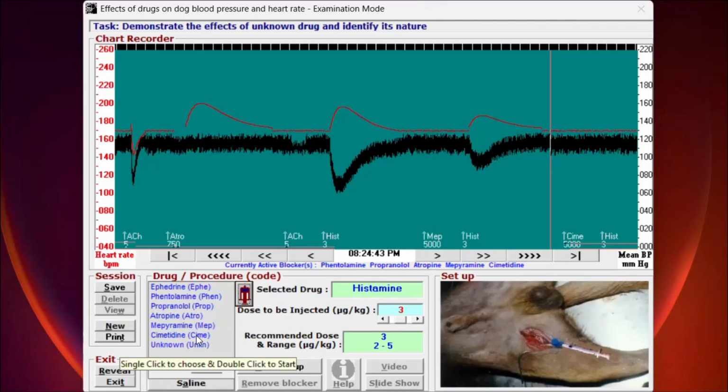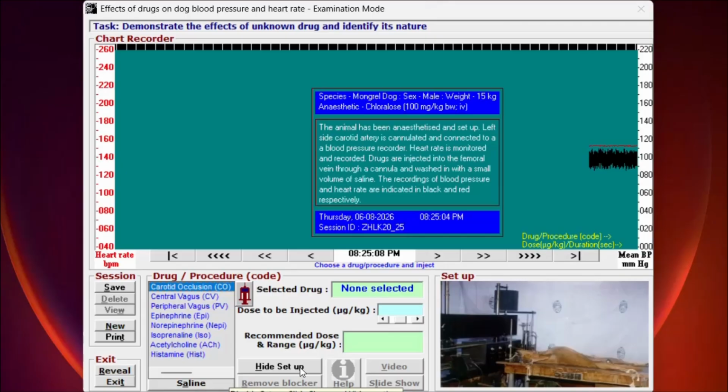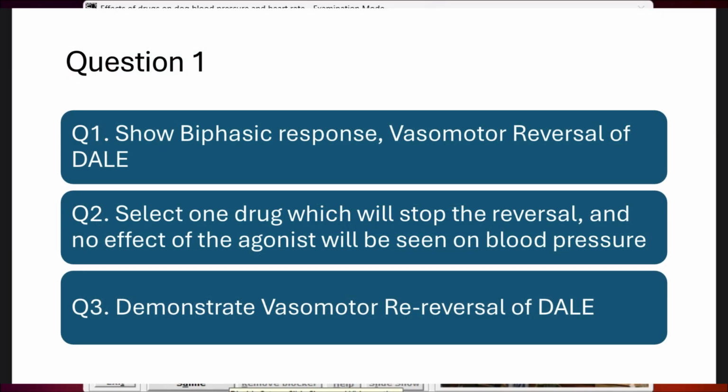Now let's go to the specific questions one by one, the 10 marks question that you normally get. So for this let's take a new slide once again. The question is to show the biphasic response and vasomotor reversal of Dale. Select one drug which will stop the reversal and no effect of the agonist will be seen on blood pressure.